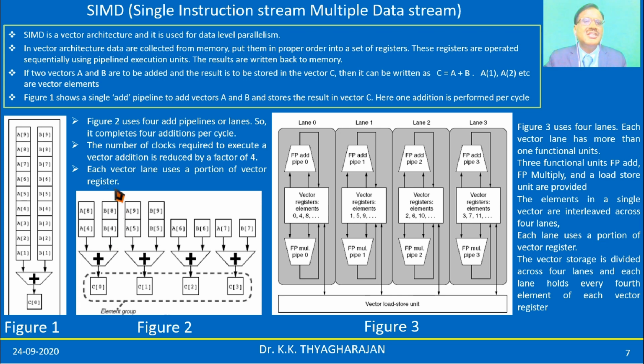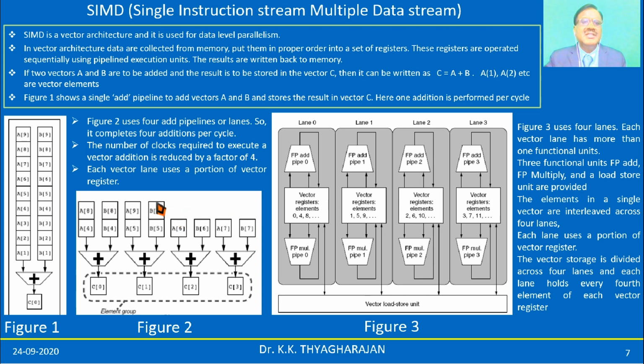Next, in the next clock cycle, A2 and B2 will be added and the result will be stored in C2. So for each clock cycle, one addition is performed. Through this pipeline, the elements of the array are passed, and for each clock cycle, one addition is performed.